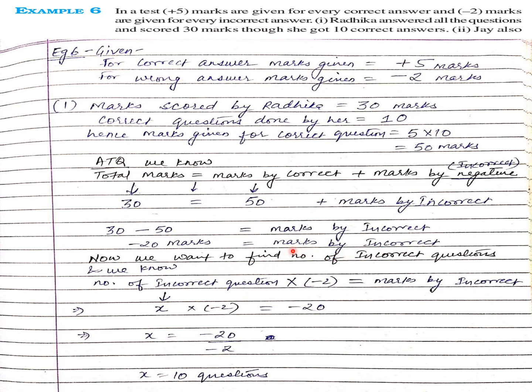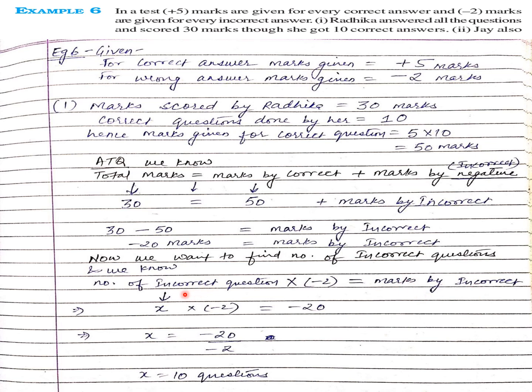We have found marks by incorrect questions. We must think how we obtained these marks. It should have come from minus 2 into the number of incorrect questions. So I have written over here the main equation: number of incorrect questions multiplied by minus 2 should be equal to marks by incorrect, which we have found above.